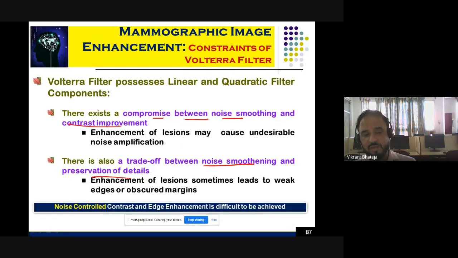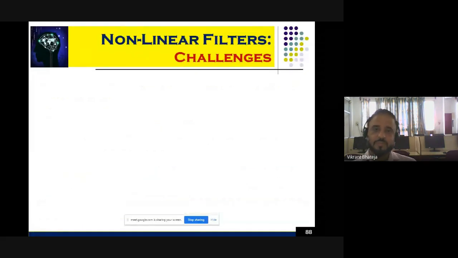So what is expected is that you need to develop a mammogram enhancement algorithm with noise controlled contrast and edge enhancement, because ultimately if the noise part is not controlled, it will disturb either the sharpness or the contrast, since you are trying to achieve both through a single filter or a single algorithm.